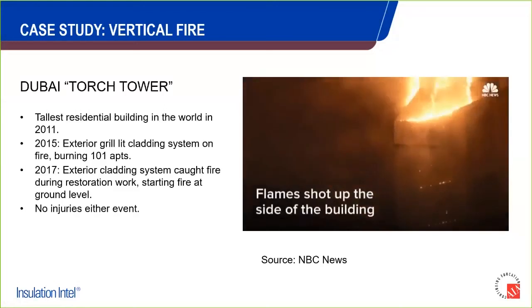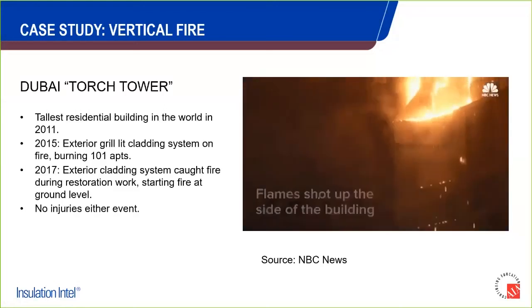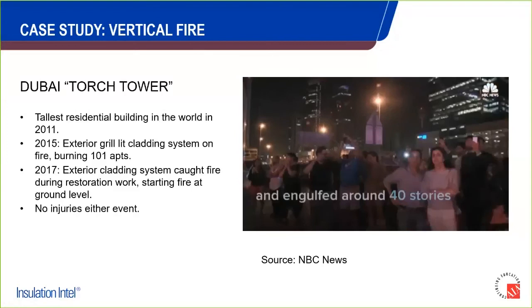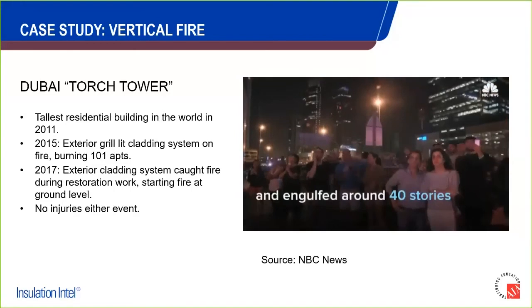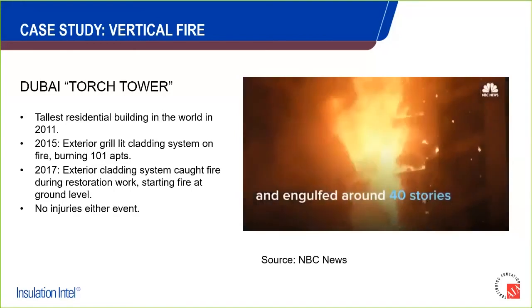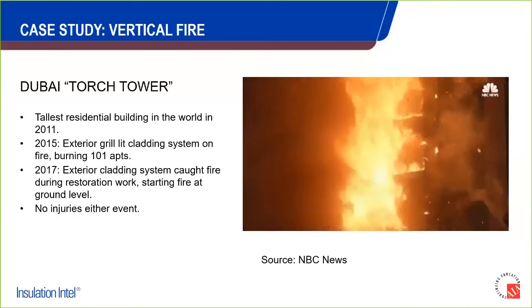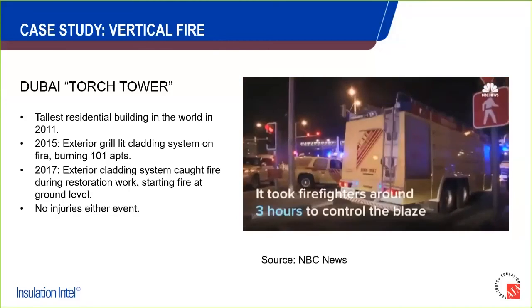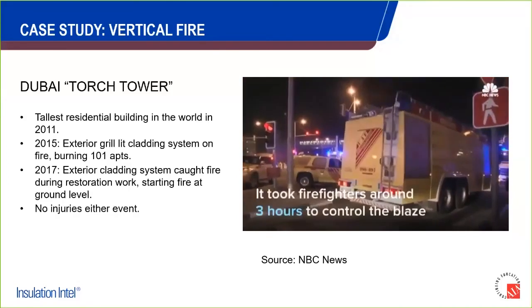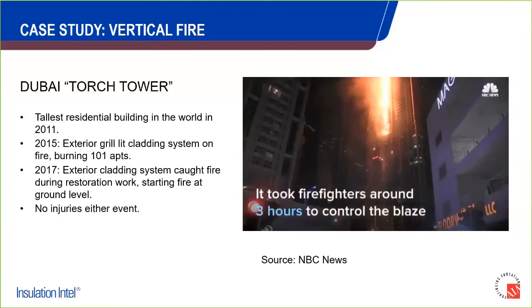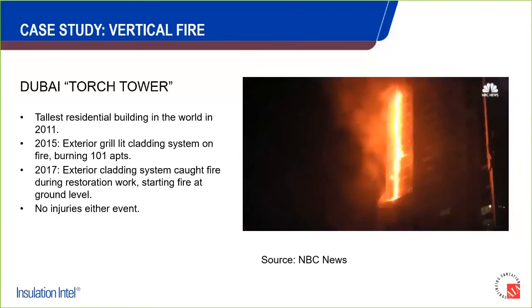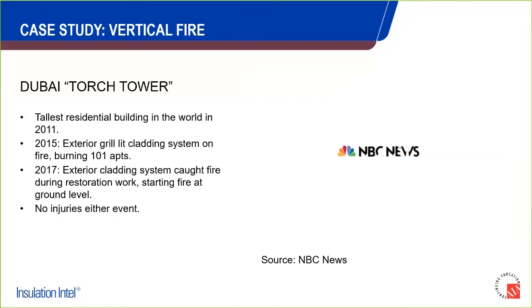It must look beautiful at night when it's not on fire. In 2015, an exterior grill actually lit the cladding system on fire. So this could be seen as an NFPA 285 test from the exterior, but really the NFPA 285 test includes an interior component.